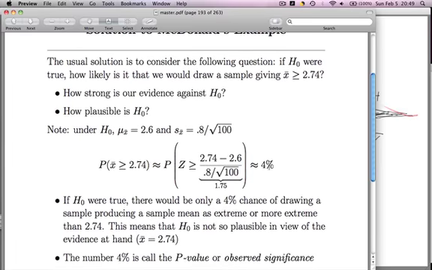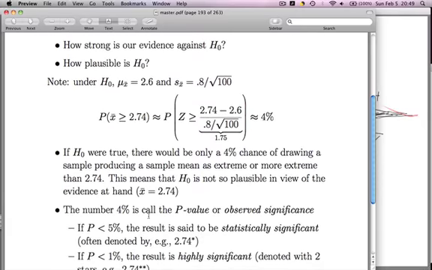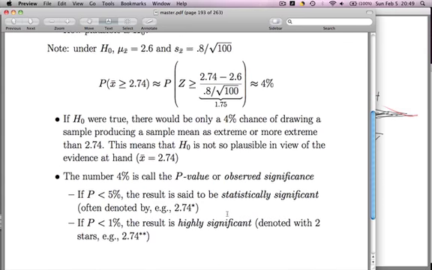This 4% is a very important number. It's called the p-value. I've stated the hypothesis for the interpretation of it for you right here. Another name for it is observed significance. SPSS likes to call it observed significance, or SIG for short. And here's what we do with this.